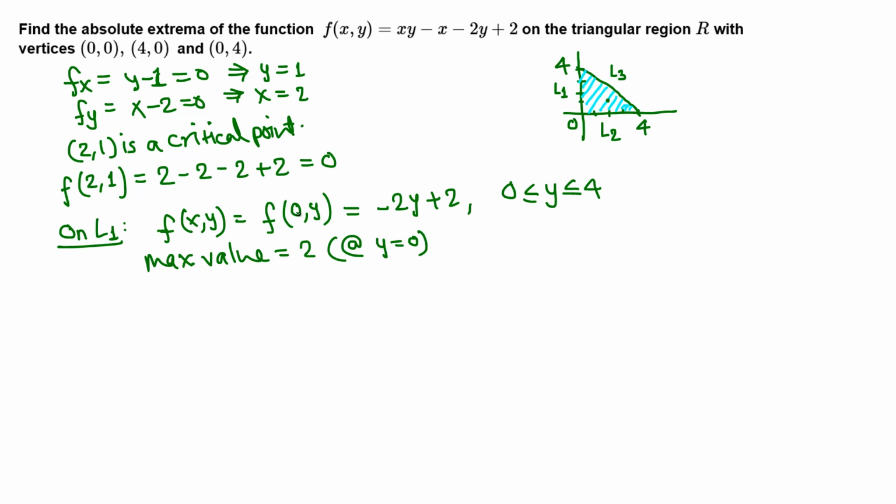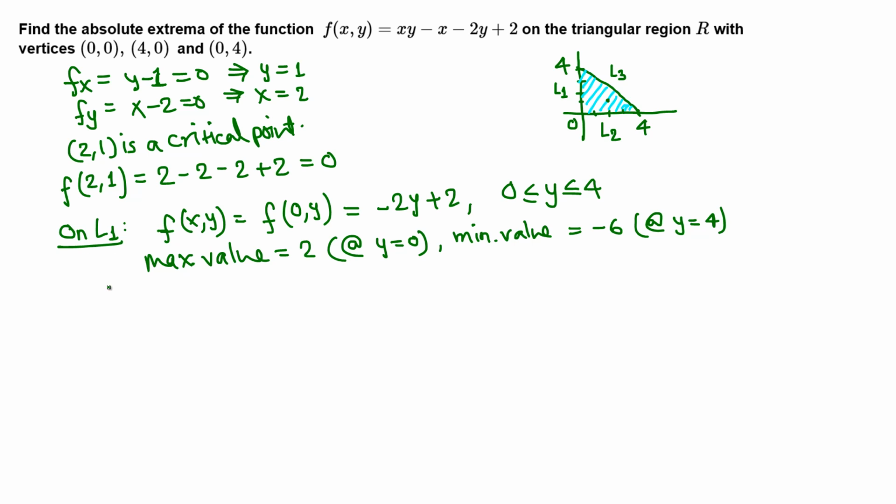In fact, x is already fixed at 0, so at (0, 0), that means at the origin, the function value is 2. And the minimum value is negative 6, achieved when y equals 4. In fact, the point is (0, 4), that's here on the top.